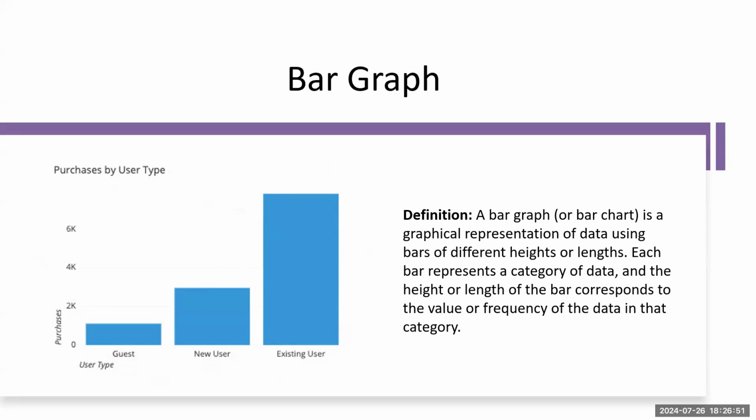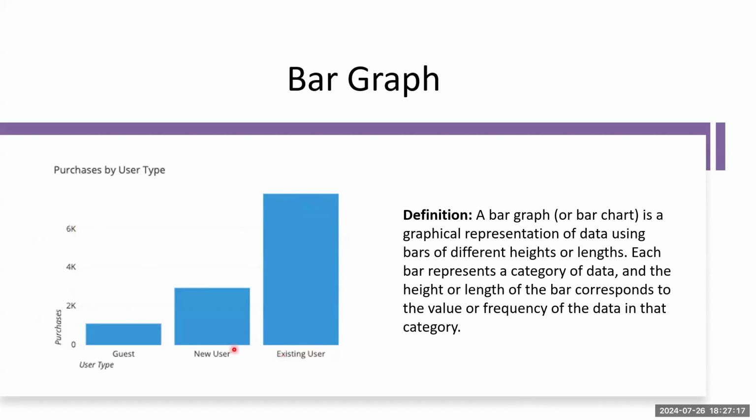Maybe that is the business question that we were asked. So you look at this and you can easily see that existing users purchase the most. Why? Because they have the longest bar here, which corresponds to a value of more than 6K, so probably 8K here. So we can easily demonstrate such information using a bar graph.